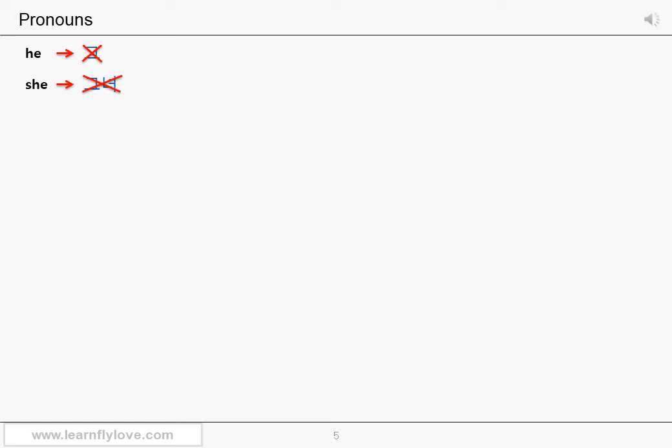In spoken Korean, that man is used instead of he, and that woman is used instead of she. That man, 그 남자. That woman, 그 여자. You know why the determiner 그 is used, right? Because the listener already knows who you're talking about. 남자 means a man, male, and 여자 means a woman, female.